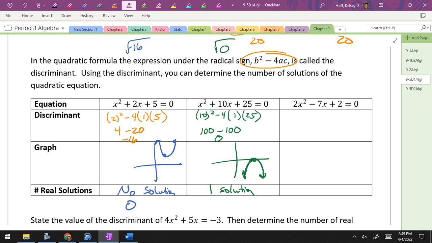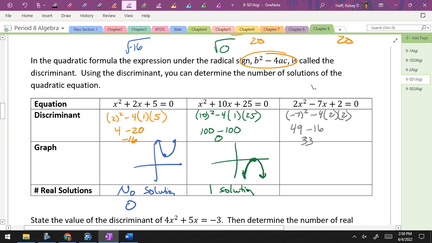So we take the last one. B is negative 7 squared minus 4 times 2 times 2. Negative 7 squared is 49, negative 4 times 2 times 2, negative 16. 49 minus 16, 33.